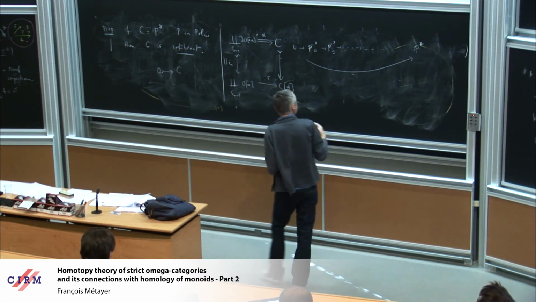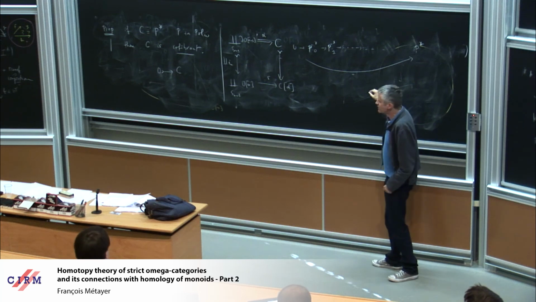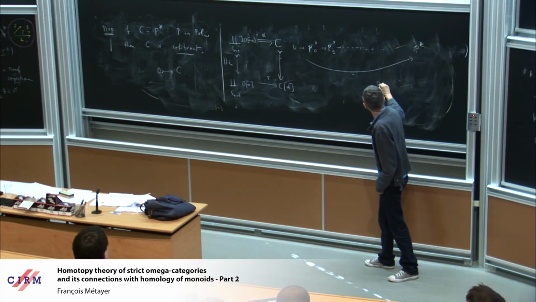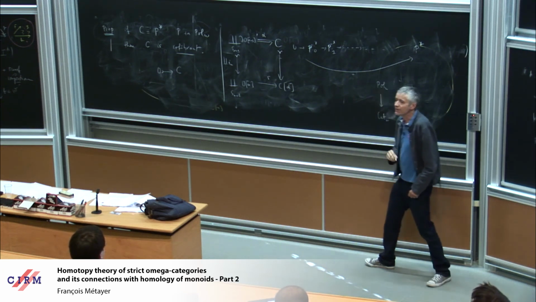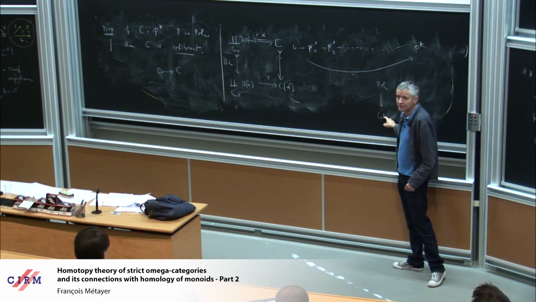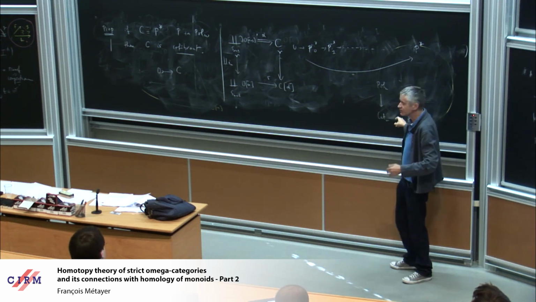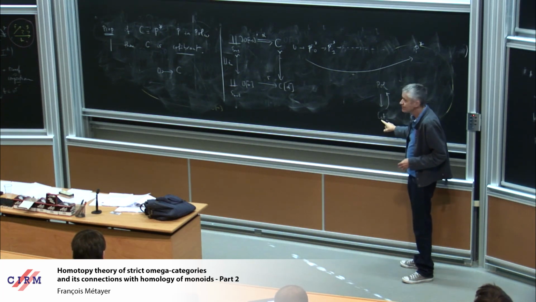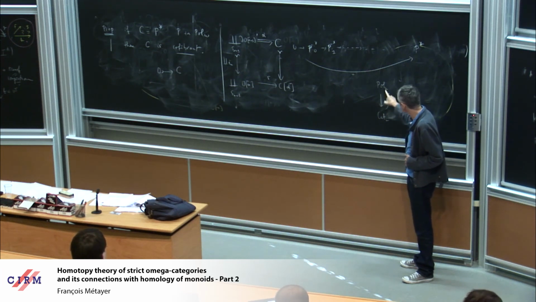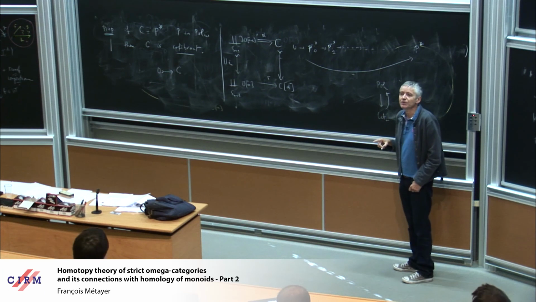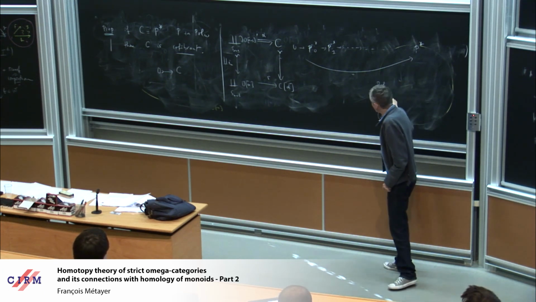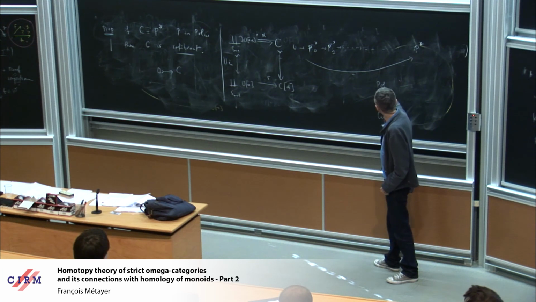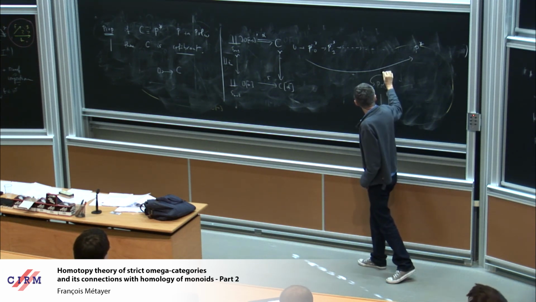Why is that? Just because we saw that there's a functor from polygraph to cat omega here. This is the left adjoint, the free functor. This functor has a right adjoint, starting with a category here and giving a polygraph. So what you get is a monad on polygraphs, yeah?